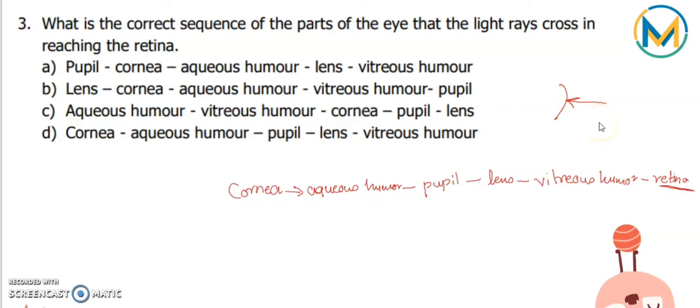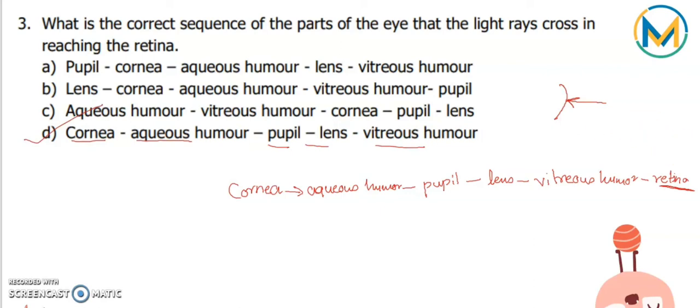So the traveling of the light passes from cornea to aqueous humor to pupil, lens, vitreous humor, and then it reaches to retina. Looking at the option which shows the correct sequence, that's option D, which have cornea, aqueous humor, then pupil, lens, and then the vitreous humor. So correct answer among the given option is option D.